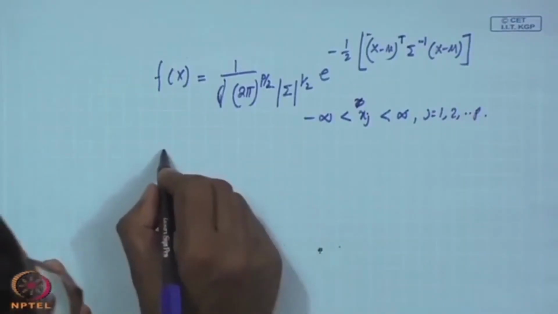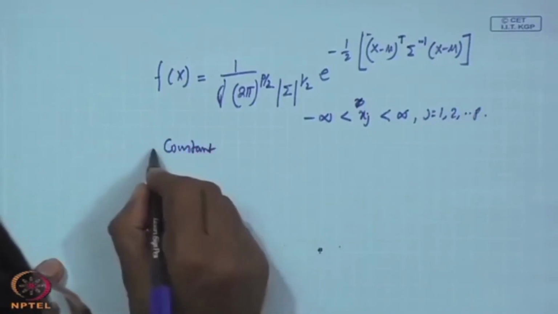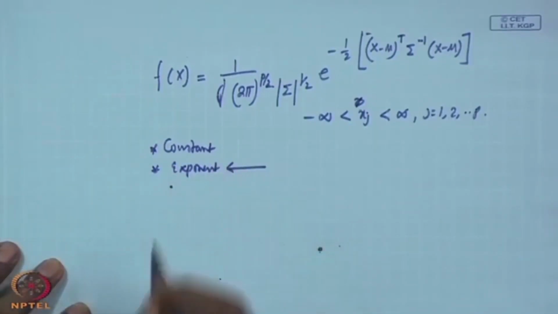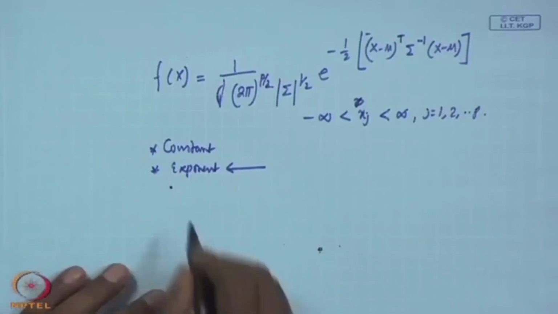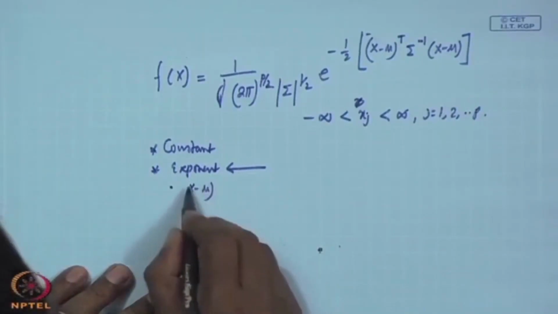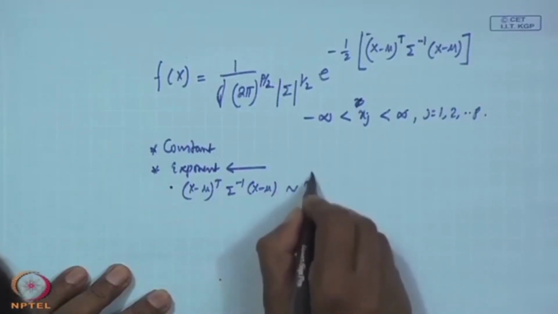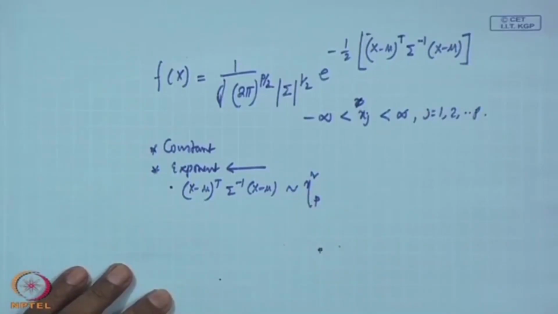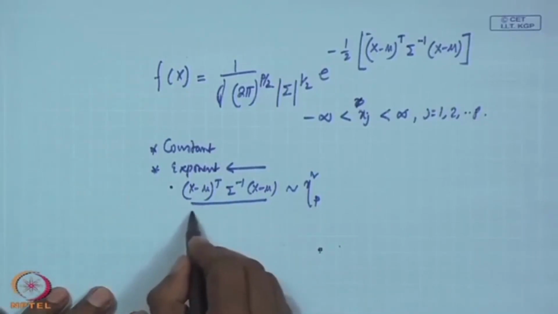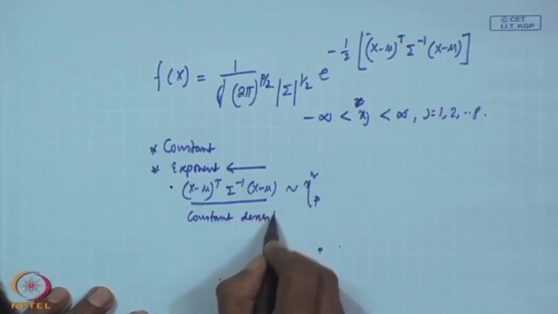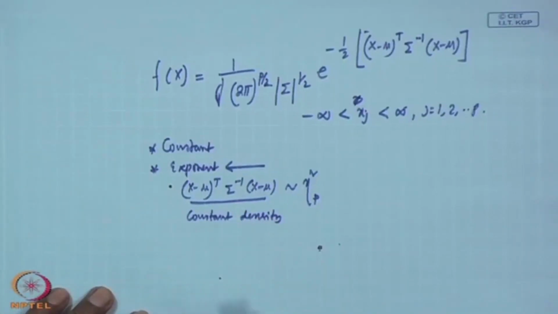There are two parts, one is the constant and another is the exponent, and it is the exponent which is very important. The exponent part, (x minus mu) transpose sigma inverse (x minus mu), follows chi square p. This will give you the constant density.